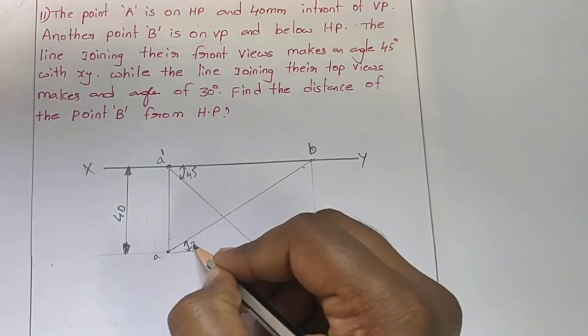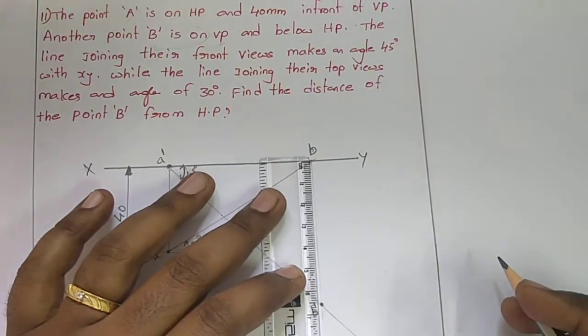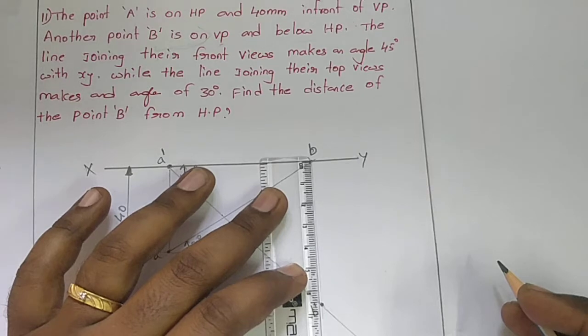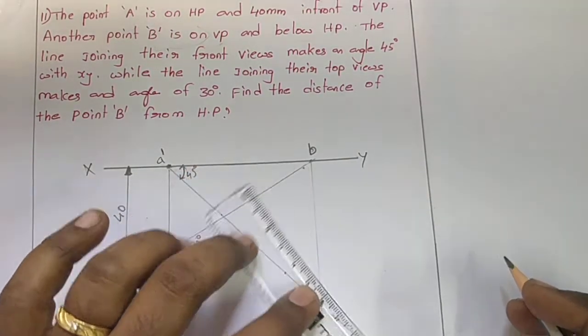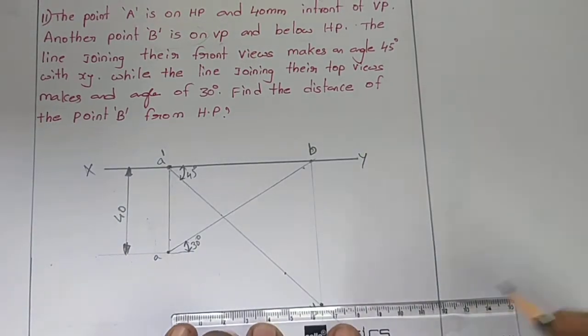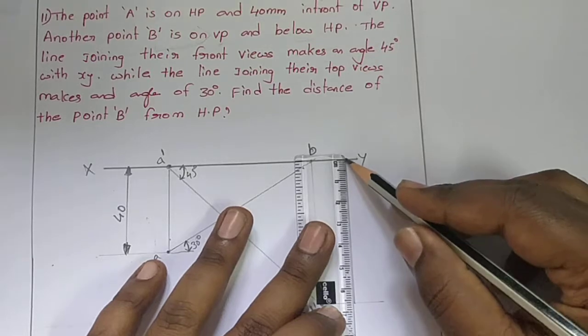This one is 45 degrees and this one is 30 degrees. Okay, we need to find this distance, from this point to this point, which is 6.6, that means 66 mm from the reference line.